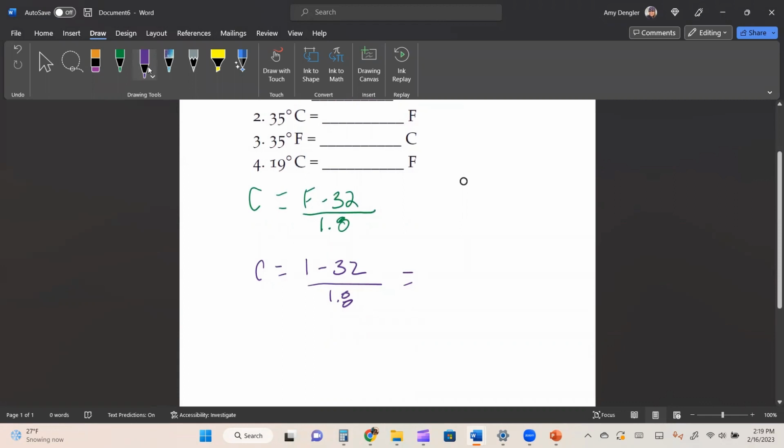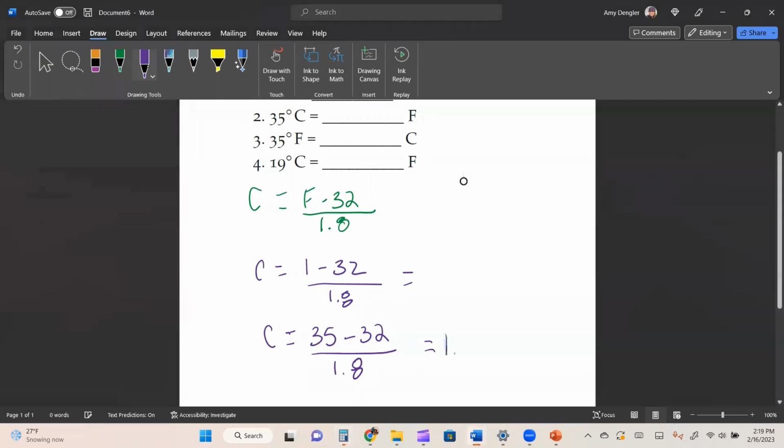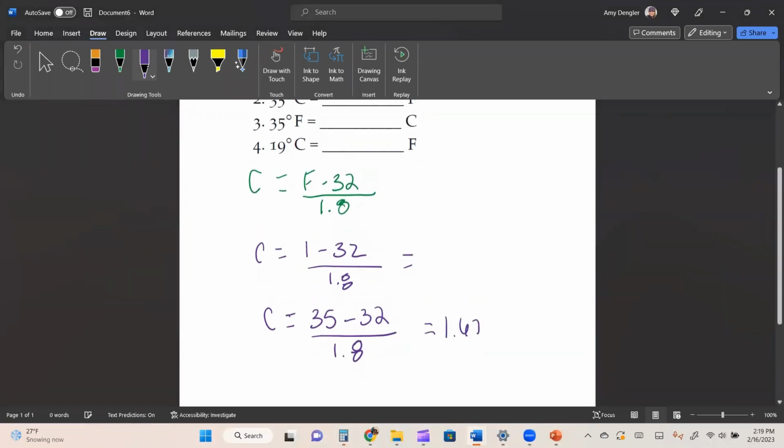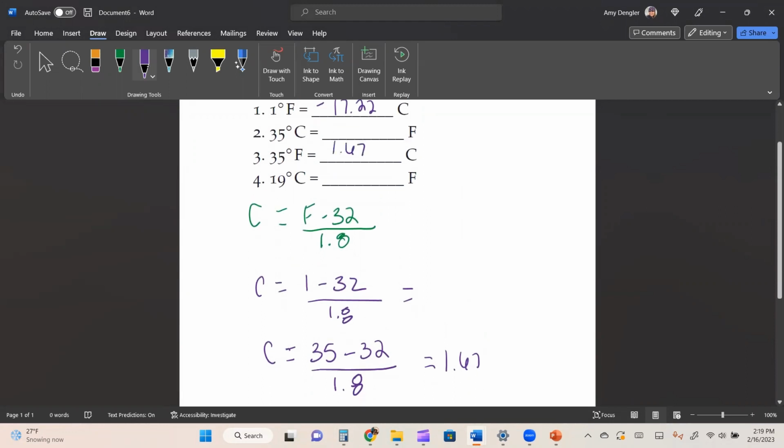So let's do that again with number 3. We're going from Fahrenheit to Celsius, so we're going to use the same formula. So we have 35, so I'm going to write that here where the F would go. So 35 minus 32. And we get that that is 1.67 degrees Celsius.